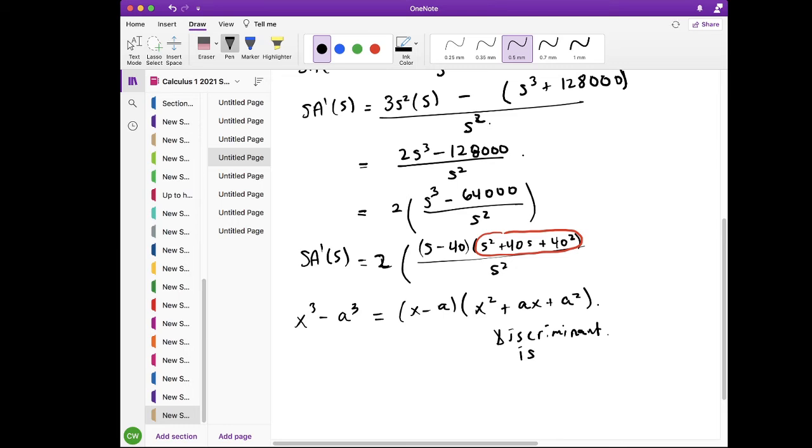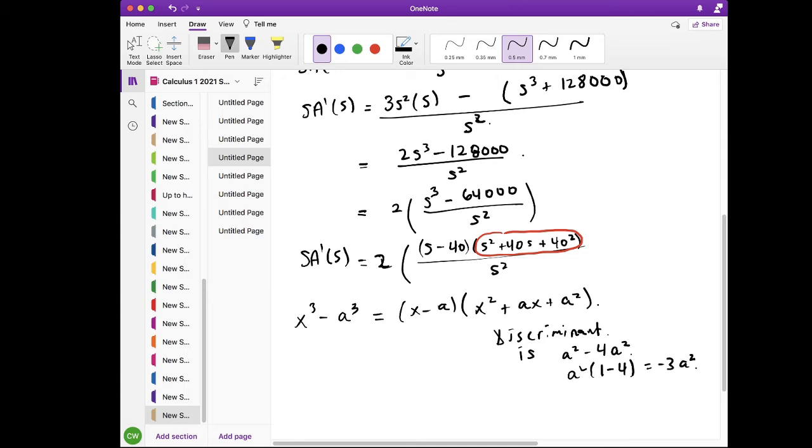Yeah. So it's b squared minus 4ac, so in this case it's a squared minus 4, and the c is a squared. This is always negative. A squared times 1 minus 4, so negative 3a squared.